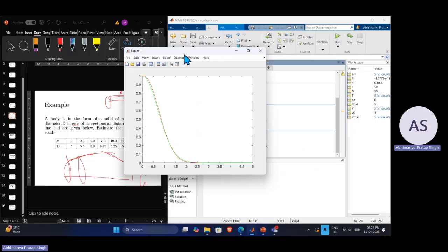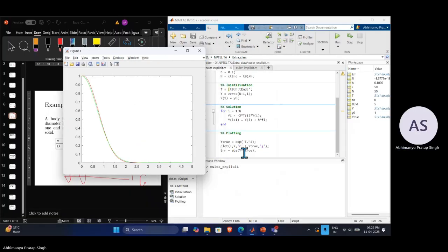The true value is the green one, and the calculated value is the red one. We can see that it's still a pretty good approximation.